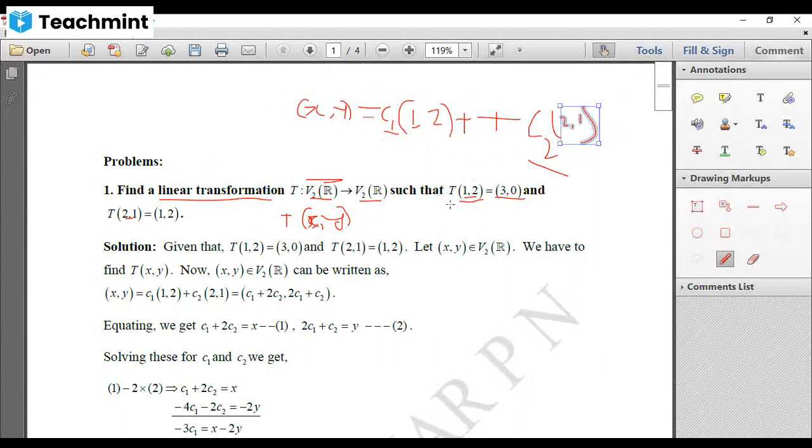And we know T of 1 comma 2, alpha 1, is 3 comma 0. Substitute it, and you'll be getting C1 and C2 in terms of x and y. Substitute them also. Then T of 2 comma 1 is also there. You substitute that, simplify them. That is your general form. That is the required linear transformation.